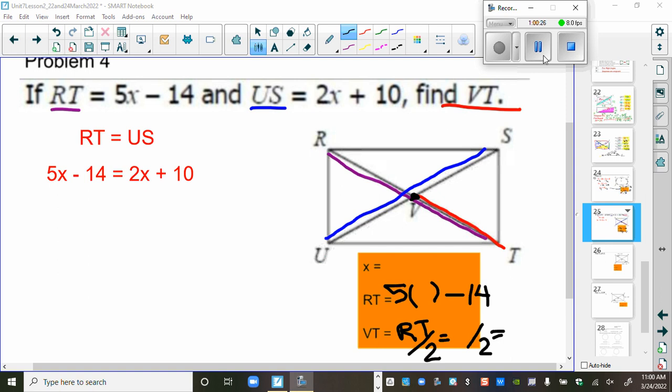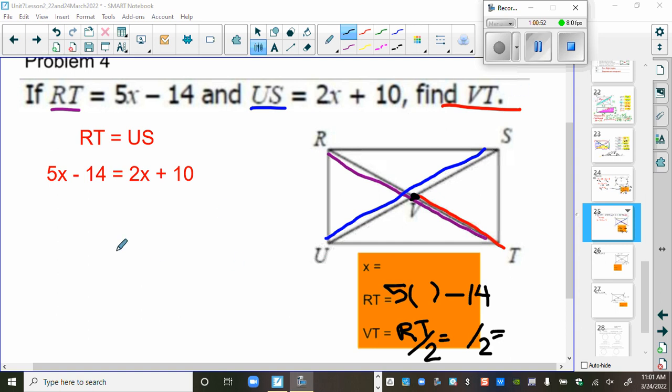Divide by 2. Just divide the two numbers. You got it. You're there. Mm-hmm. Good. And then divide that 26 by 2. There you go. You got it, Edwin. Good work.